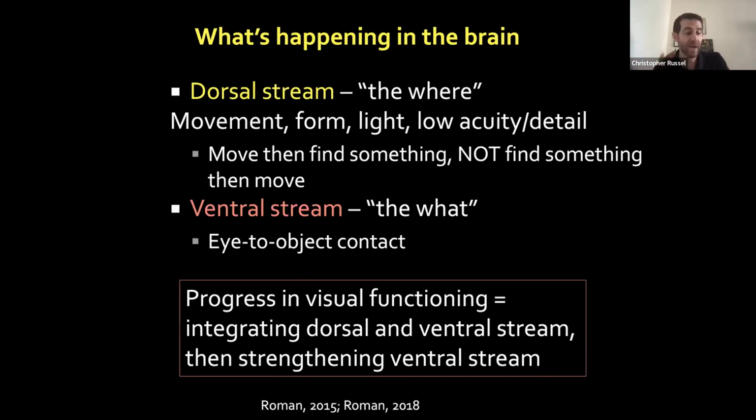Finally, as they continue to make progress and approach typical visual functioning, it's all about strengthening that ventral stream and understanding and categorizing and discriminating what it is that's in front of me. Those are higher order visual processing skills related to recognition, identification, visual discrimination of the features of an object or a thing, and then finally connected to language systems that relate to classification.